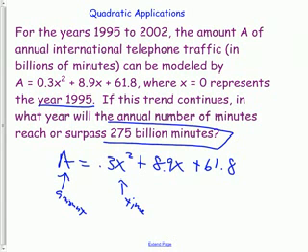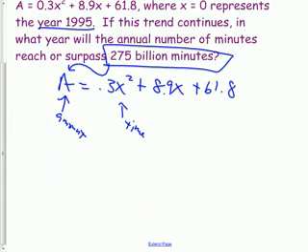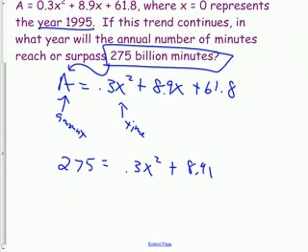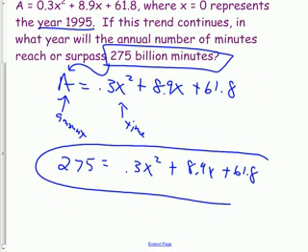Then if they give me an amount of minutes, that's not the time we're talking about, it's like what year it is, not minutes time. This would go in here, and then I'd have 275 equals 0.3x squared plus 8.9x plus 61.8. So basically I've got my formula.